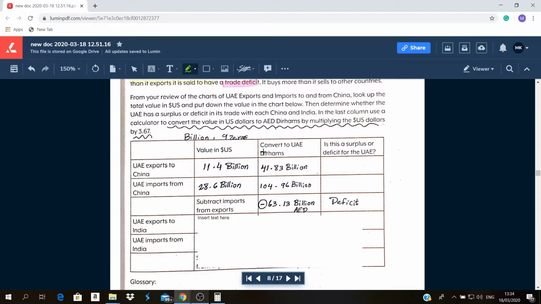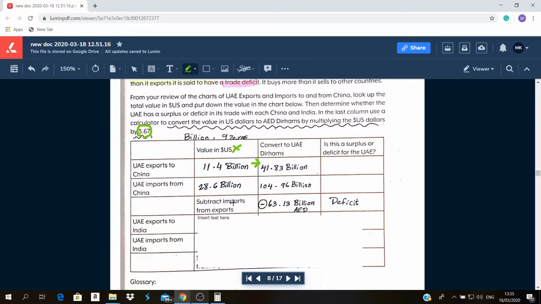Now let's convert this to UAE dirhams. How we're going to convert it? This is in US dollars. We're going to multiply this with 3.67. I did it here for you. It's 41.83 billion here, 104.96 billion dirhams.